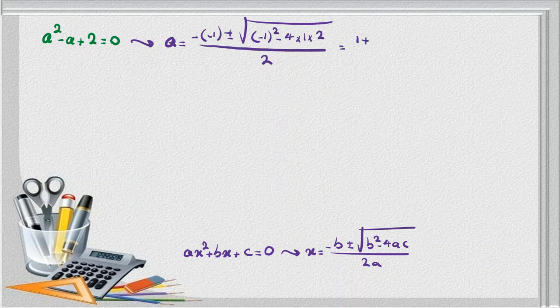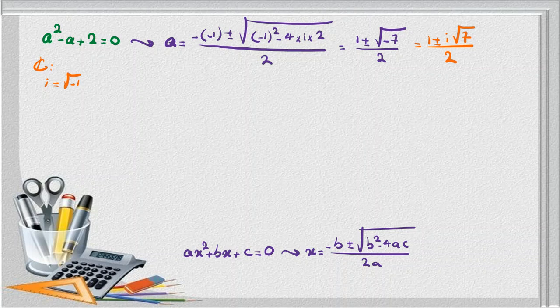And if you check, it will be 1 plus or minus square root of 1 minus 8, which is negative 7, over 2. In real numbers, we don't have any other solution, but in complex numbers, we define i equal to root of negative 1, and it will be (1 plus or minus i root 7) over 2.